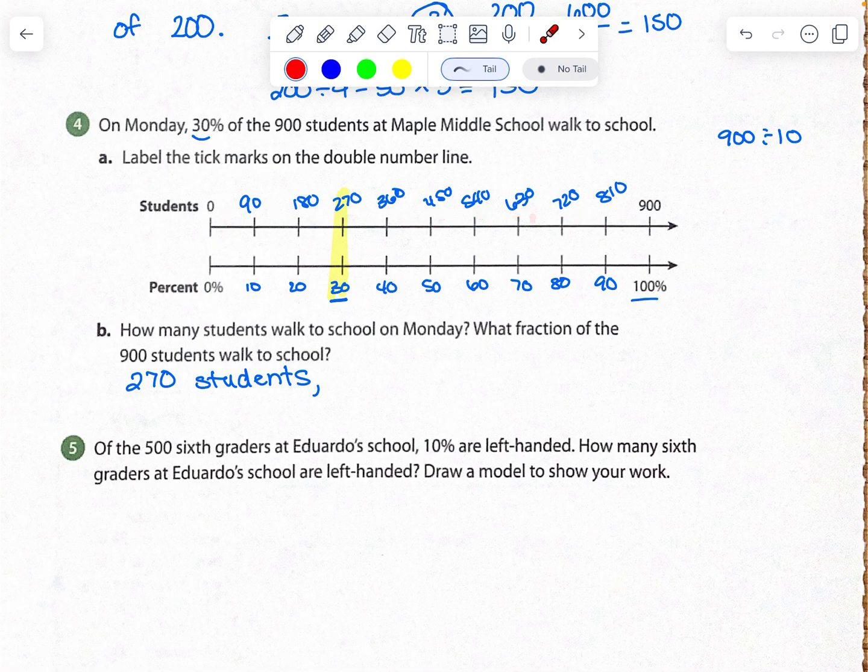Sorry, I left one out. So that's the denominator. How many sections of them walked to school? 1, 2, 3. 3/10 of 900. What we're also supposed to be paying attention to here is relating the percent to the fraction. That 3/10 is always 30%.